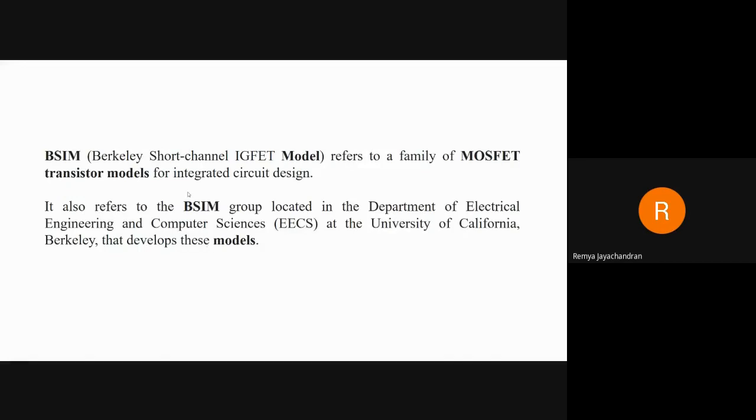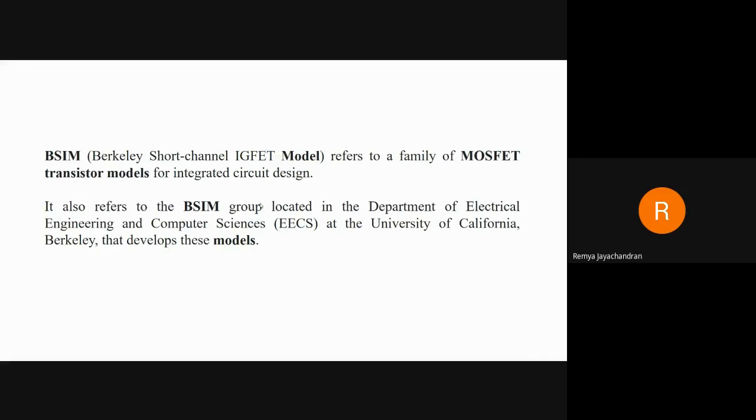So coming to the model, the MOSFET transistor model for integrated circuit design is the BSIM model. That is a planar transistor model that is commonly used, showing accurate results with the fabricated device. It was developed by the Department of Electrical Engineering and Computer Science at the University of California, Berkeley.